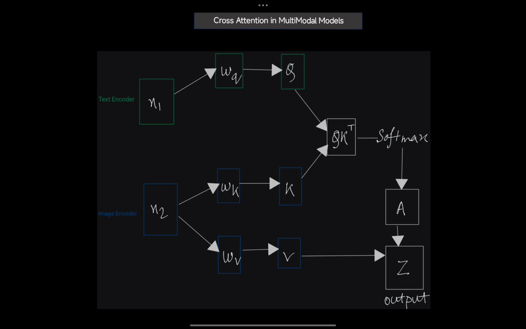So the only difference is that we have two inputs in case of cross attention, the x1 and x2. So the x2 is flown from the image encoder side, and the x1 gets flown from the text encoder side, right? And then we finally do the attention mechanism to get the final output, right?